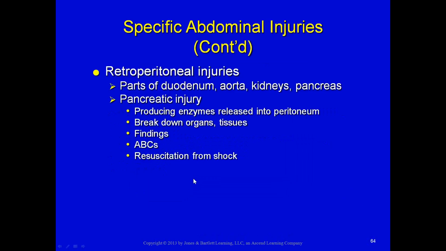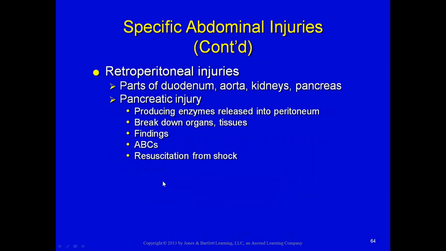Retroperitoneal injuries include those organs in the retroperitoneal space, which are part of the duodenum, the aorta, the kidneys, part of the pancreas. Now, pancreatic injuries can be really nasty, not only from pancreatic enzymes that are released in the peritoneum, which break down organs and tissues, but the pancreas is a solid organ.